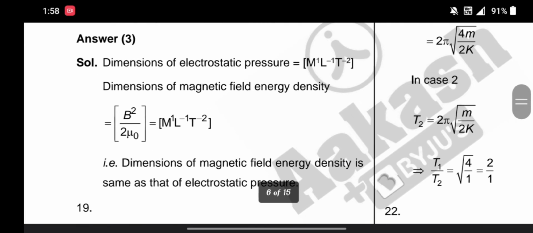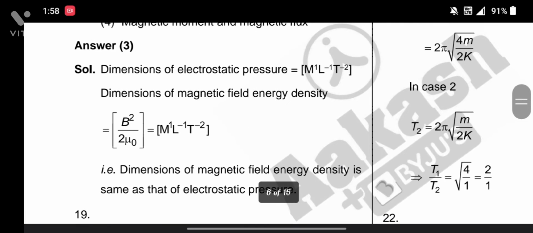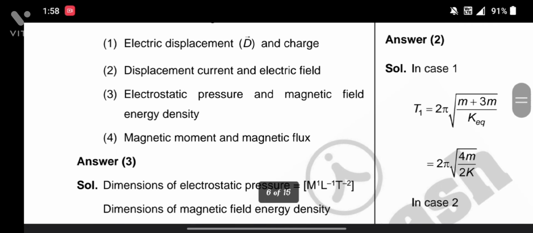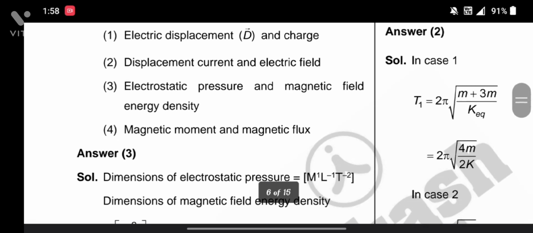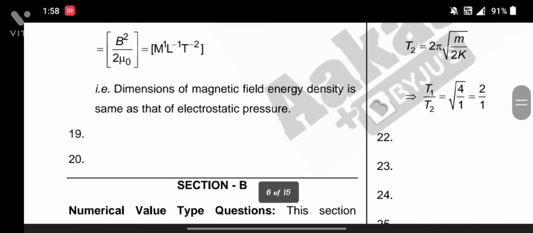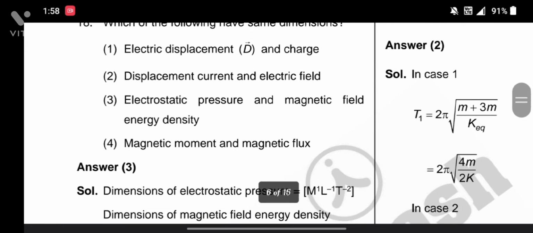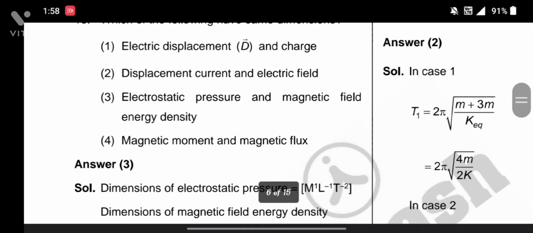So by this, the dimension of magnetic field energy density is the same as the dimension of electrostatic pressure. So that is option C. Therefore the dimension of electrostatic pressure is equal to the dimension of magnetic field energy density.